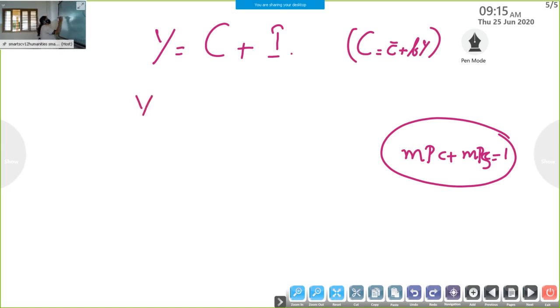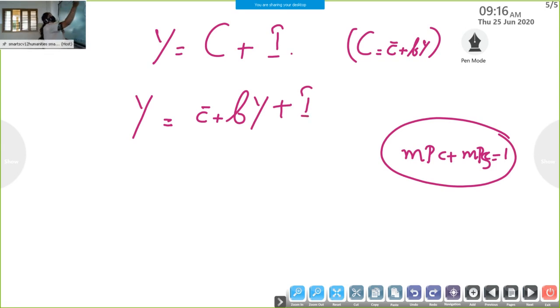So we are getting Y is equal to, instead of C, I am writing C dash plus BY, then plus I. Till here you understood what I did?